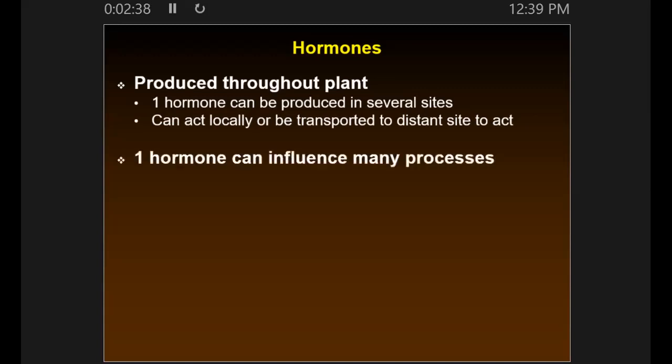One hormone can influence many processes. Absolutely true. In general, when a hormone is coursing through the plant body and has reached its target tissue or cell, the hormone chemical docks into the receptor protein on that cell surface.